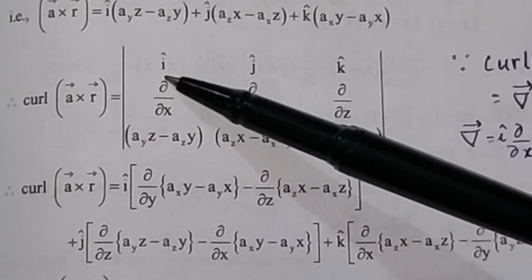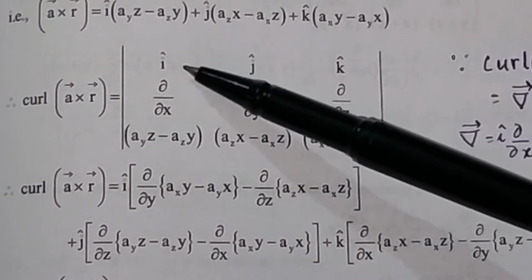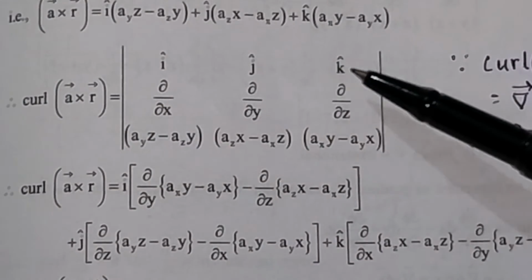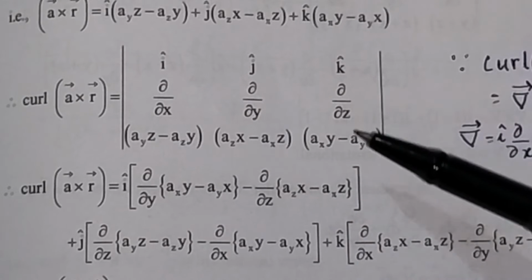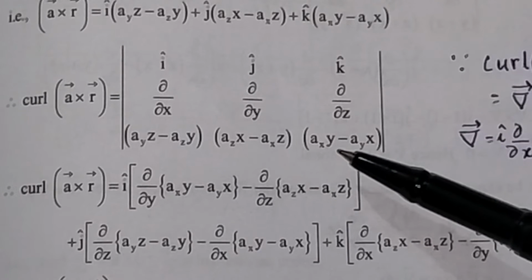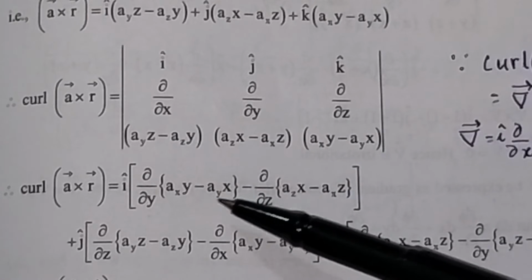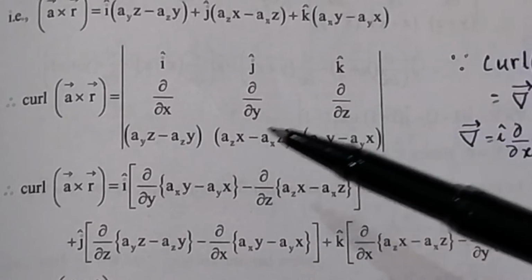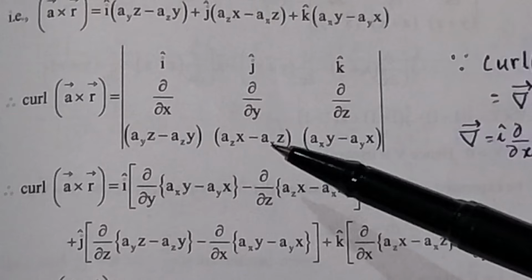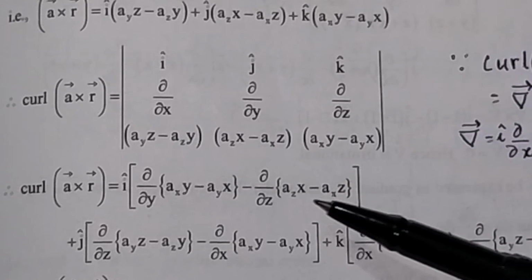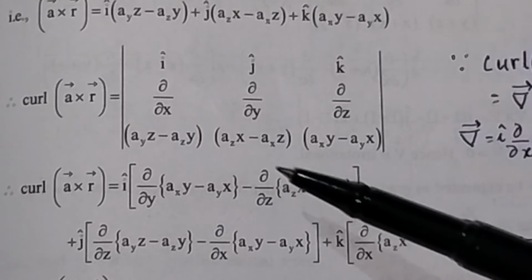For the i cap component, you leave this column and this row. So i cap into partial derivative of Ax y minus Ay x with respect to y, minus partial derivative of Az x minus Ax z with respect to z.